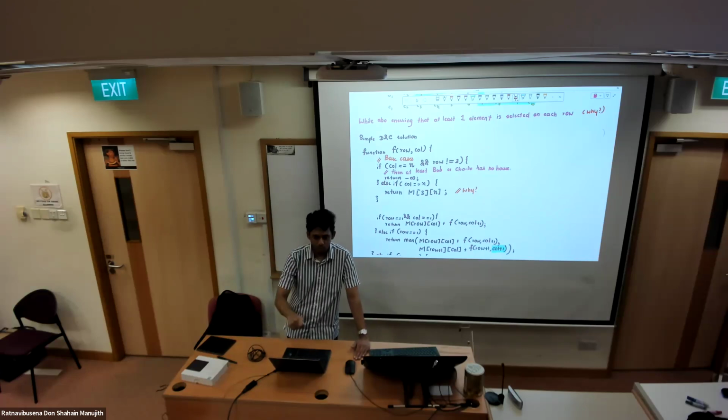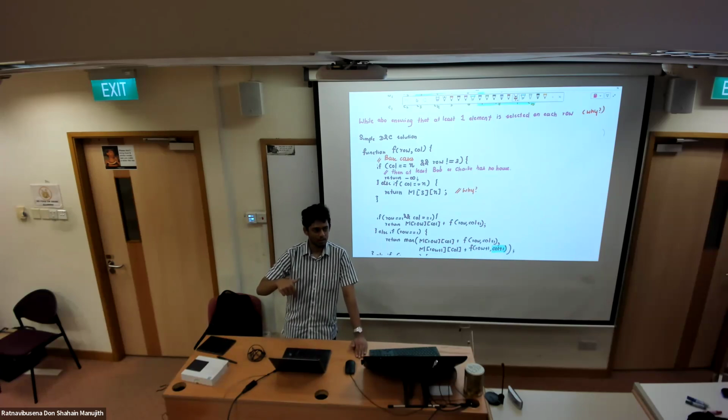That means you give this house to Bob. If you give this house to Bob, then you must add M[row+1][col], that is Bob's valuation: the next row but the same column. So you add it, plus you recurse on F(row+1, col+1).